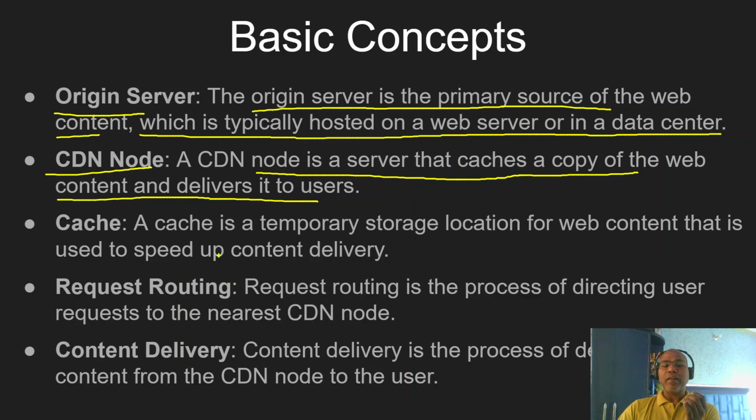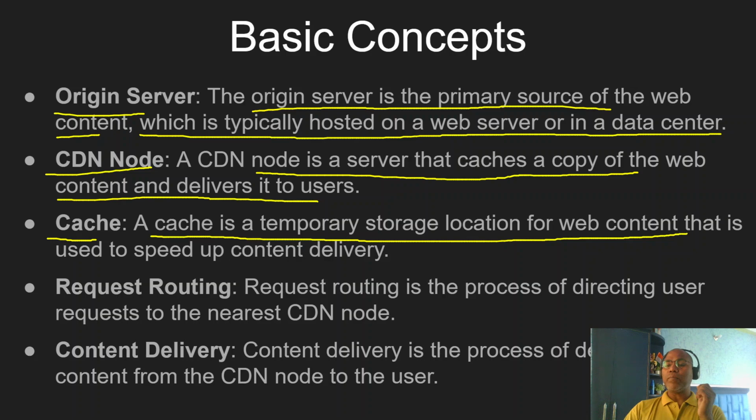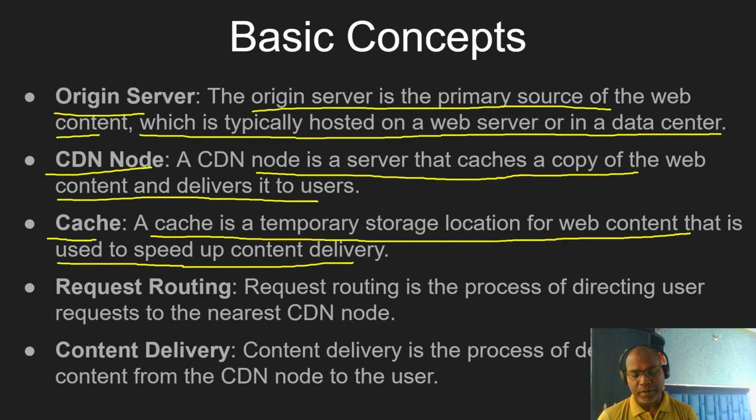The main purpose of a CDN is that it works as a caching tool. Cache is a temporary storage location of web content that is used to speed up content delivery. Contents that are frequently accessed by the application and the customer, the CDN server also caches nearest to the customer.